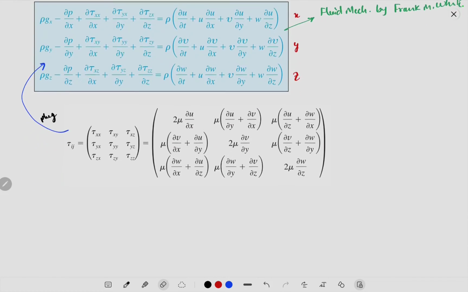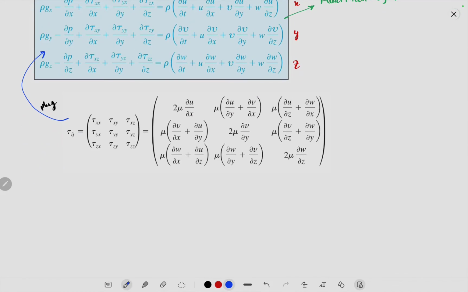Now please note that this equation that we just wrote for the shear stress components is only true for incompressible Newtonian fluids.